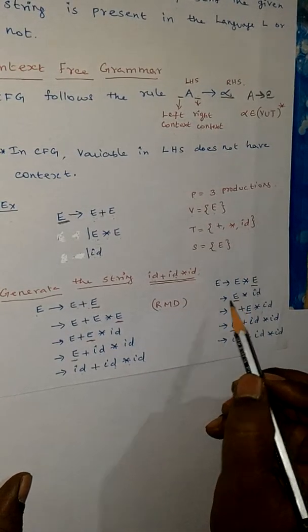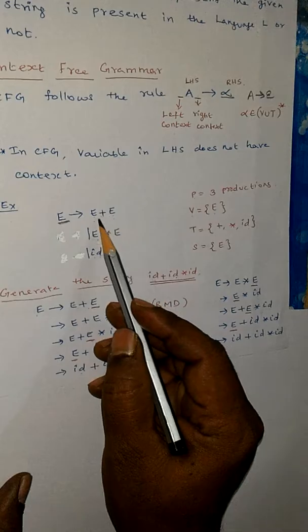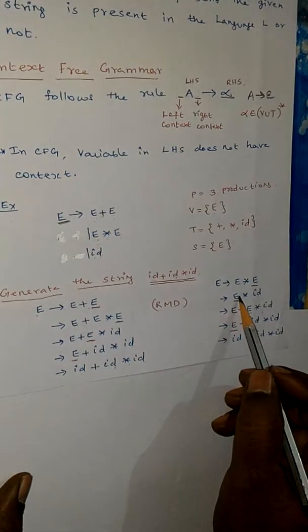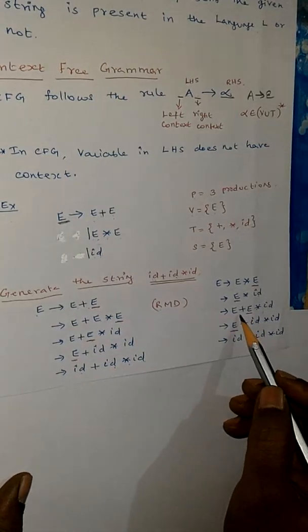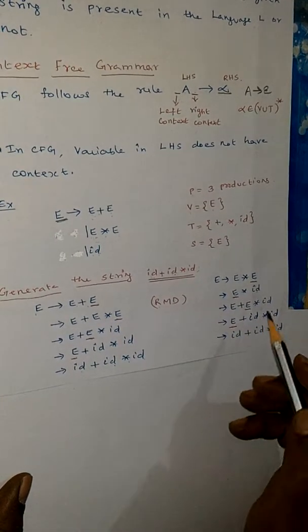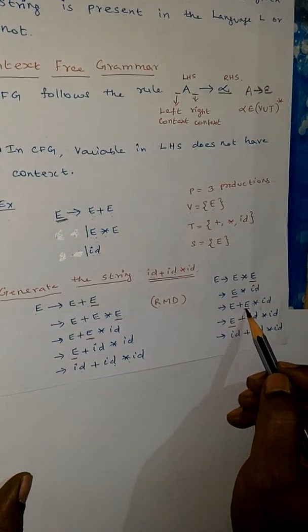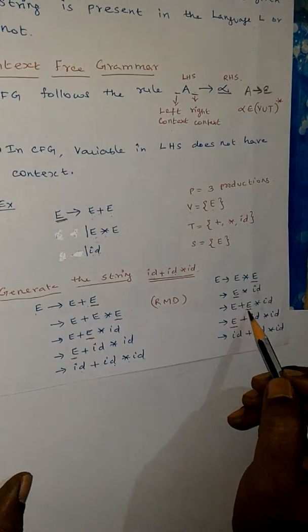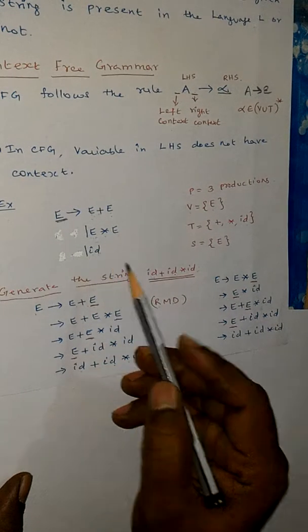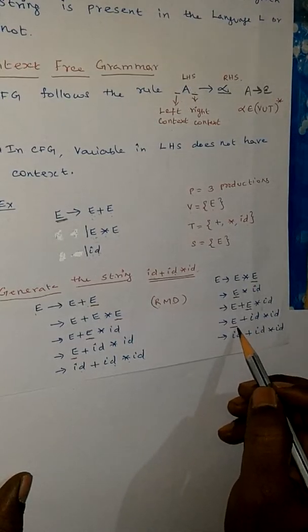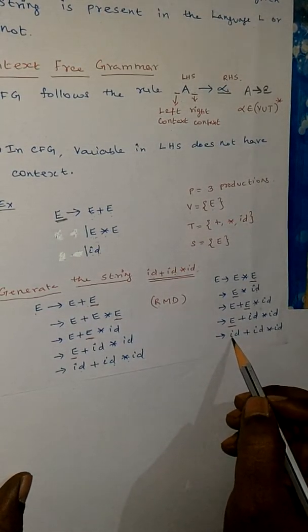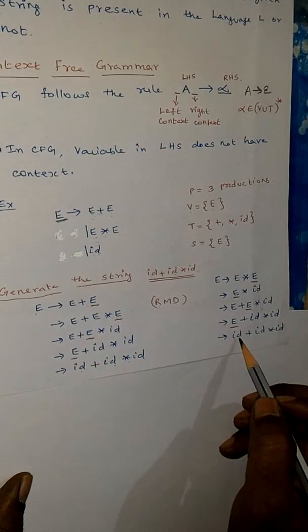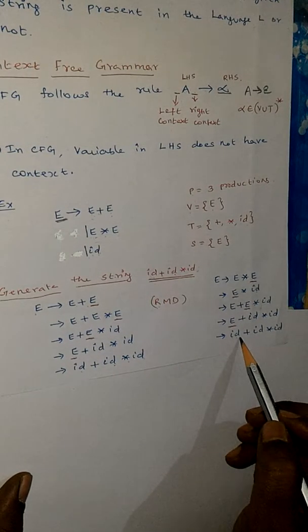So we need the plus production: we replace this E by the production E plus E. Again we replace the rightmost E, so this rightmost E is replaced by the third production ID. Then the remaining rightmost capital alphabet is replaced by ID. So now we got the input string.